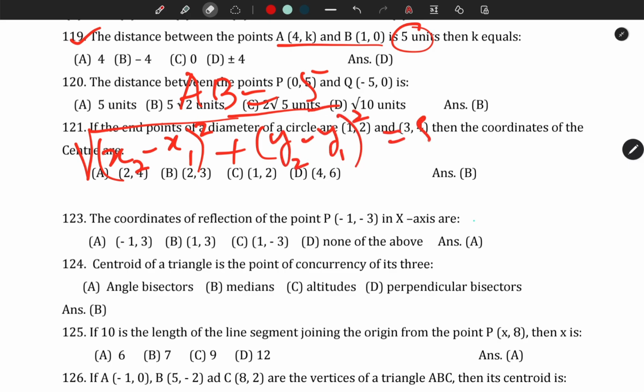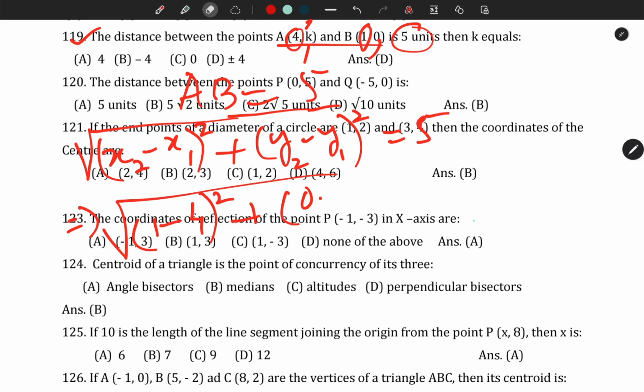This distance is already given to be 5. Now x2, what is x2 here? 1. So minus x1 is 4. So 1 minus 4 whole thing squared. Then y2 is 0 and y1 is k. 0 minus k whole thing squared equals 5.